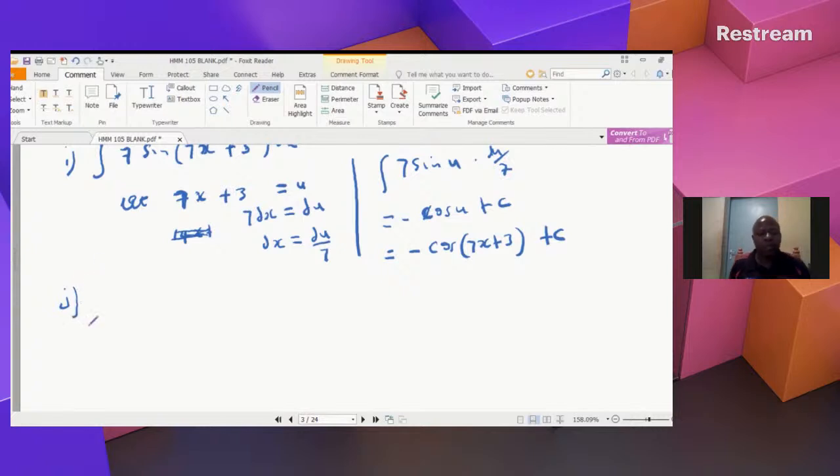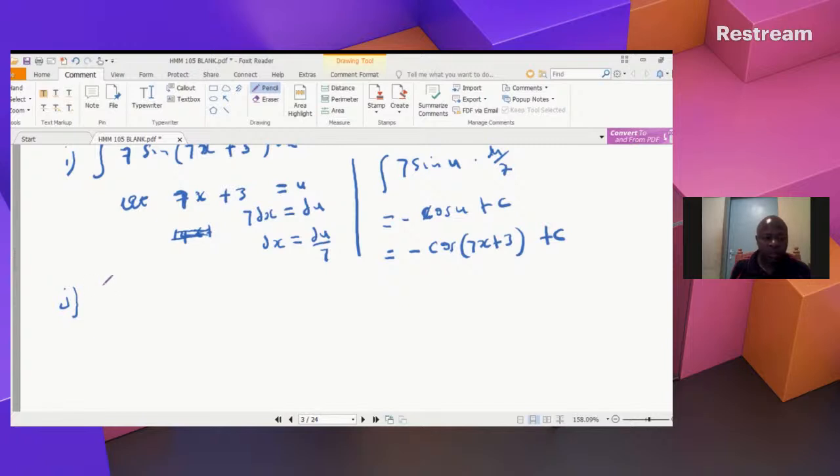Now, once I've done this, using the formulas above, you can do the integral of cos x squared, the integral of sec, sec tan, the integral of cosec x cot x, and so on.